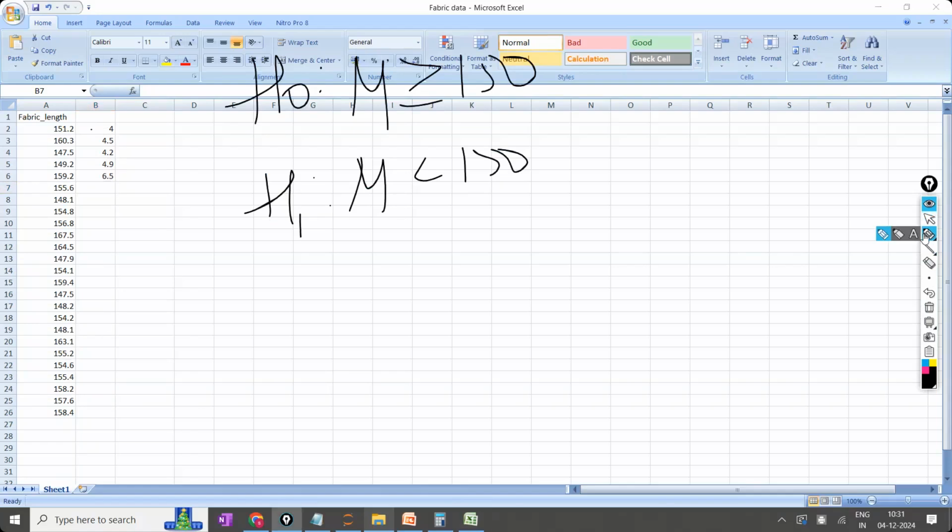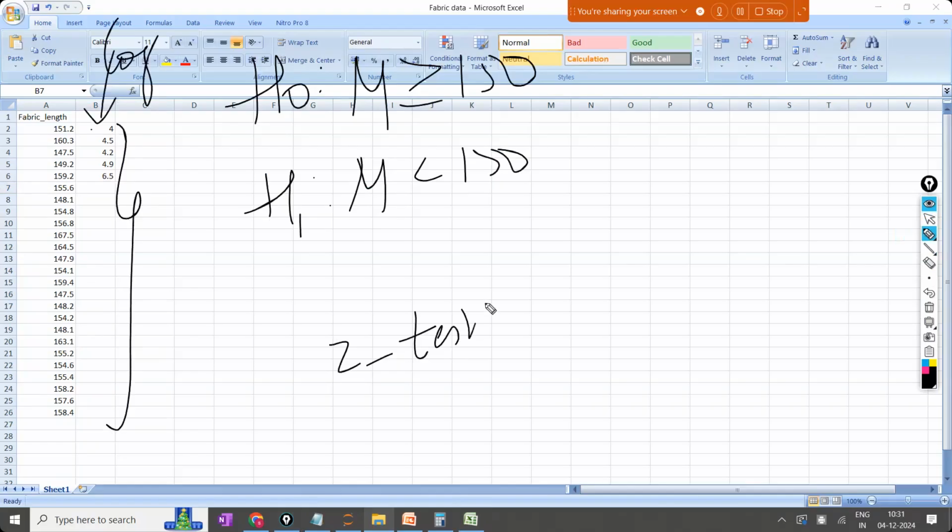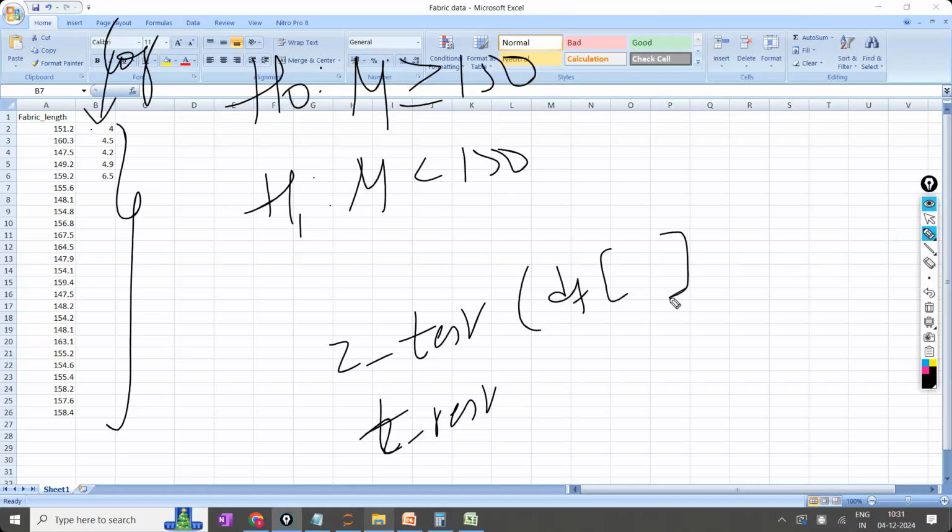So we are converting this data to log transformed data, and you are applying the hypothesis test, whether it is a t-test or z-test. You have to provide the input data. Which one will you provide, fabric length or the log one?